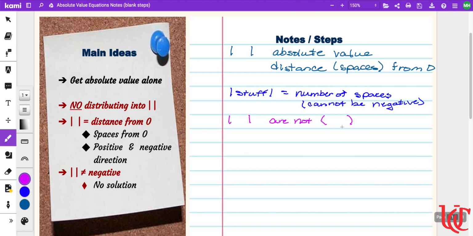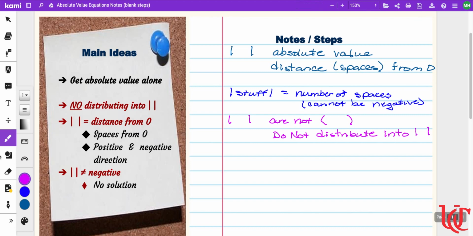So since they're not like parentheses, do not distribute. It's in the overview of the Cornell notes as well, but I just want to reiterate, we're never going to distribute into absolute values.